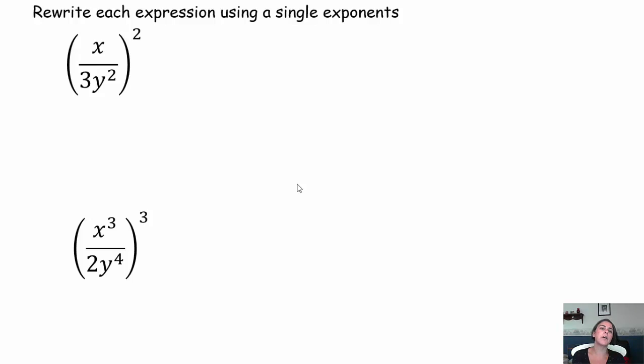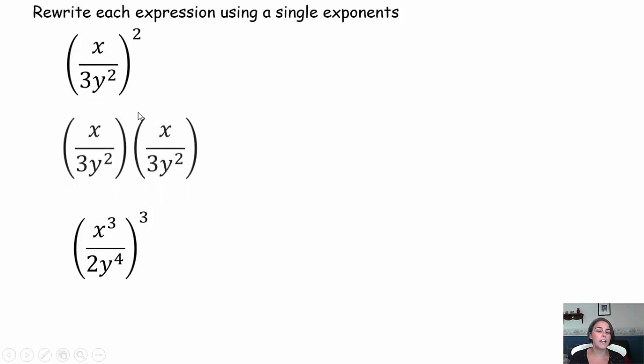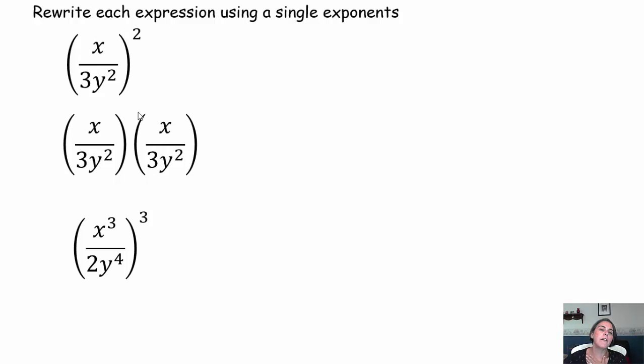Okay, hopefully you paused the video. So for that first one, you may have chosen to write out your factors, which I'm fine with. If you choose to write out your factors, x over 3y squared to the second power means x over 3y squared times x over 3y squared.